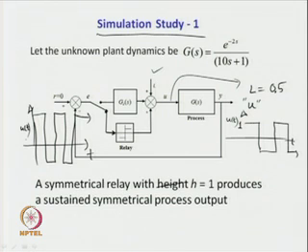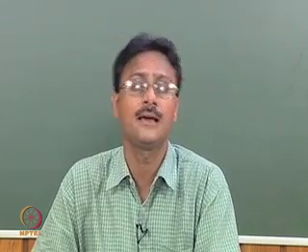So, for this situation, what will happen? When the input signal to the process is asymmetrical, the limit cycle output also will be asymmetrical. Definitely it will be asymmetrical, but of the same period as well.